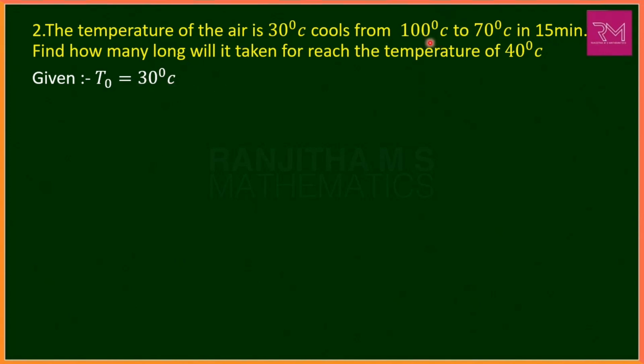Initially at time t is equal to 0, the temperature T is 100 degrees Celsius. After 15 minutes, that is at time t is equal to 15 minutes, T value becomes 70 degrees Celsius.